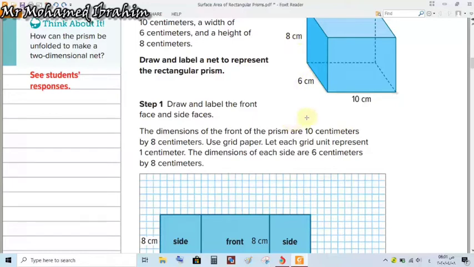So the surface area equals 2 times (8 times 6 plus 8 times 10 plus 6 times 10). The 2 is outside the brackets, so 2 multiplies all of them: 2 times length times width, 2 times width times height, 2 times height times width.